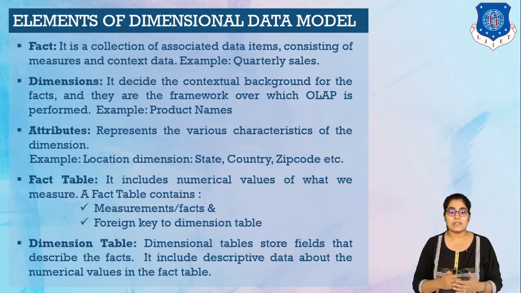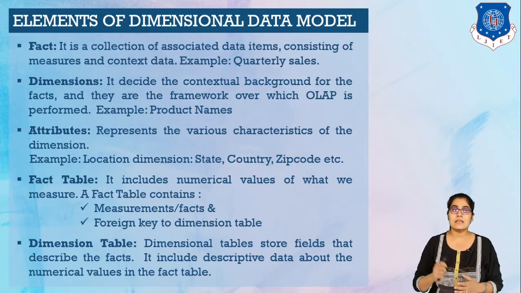The dimension attributes are the various columns in a dimension table. Dimensions offer descriptive characteristics of the facts with the help of their attributes. There is no set limit for the number of dimensions. A dimension can also contain one or more hierarchical relationships.